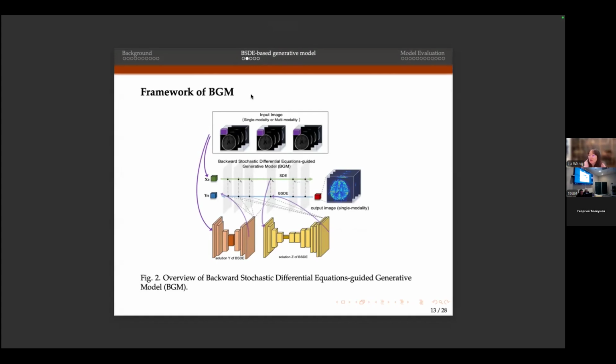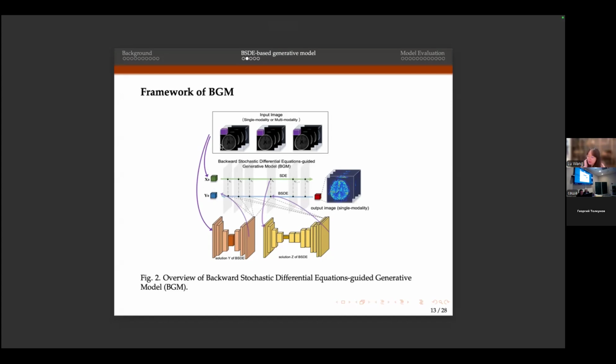If we input the image, which may be a single modality or multiple modalities, we input it into X0.